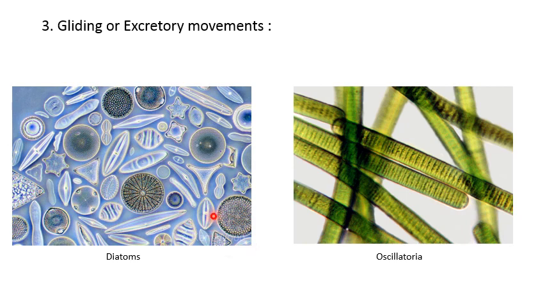In diatoms, the mucilage is exuded through the pores of the cell wall and they move. Oscillatoria shows a gliding movement like the oscillations of the pendulum of a clock.